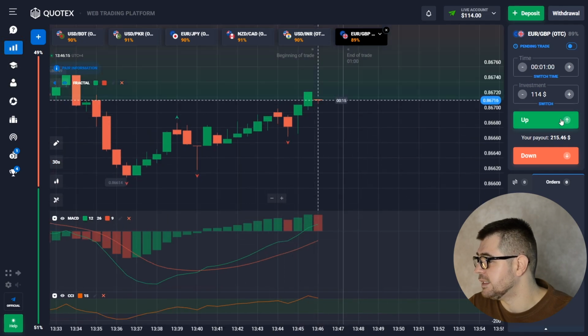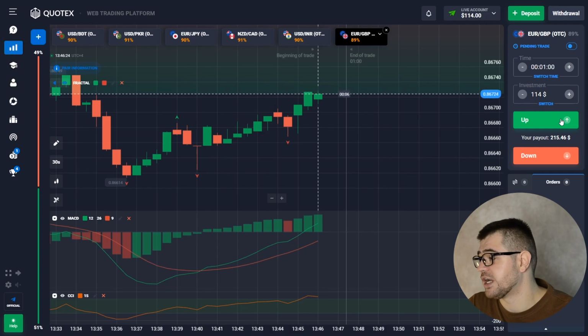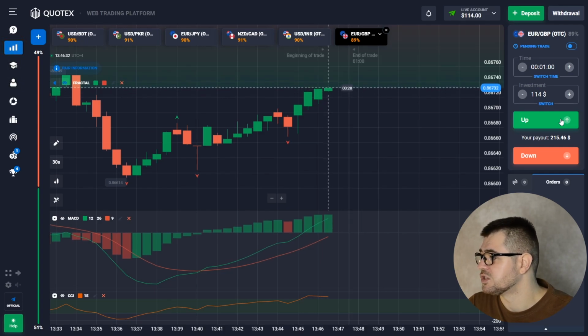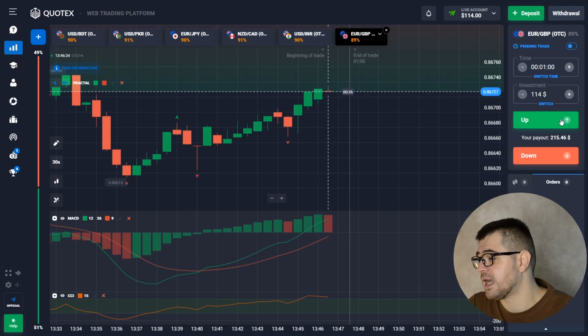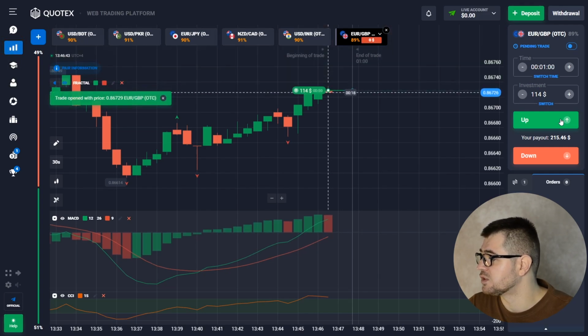How about this? Okay, so this one here I've got to look at the trend. The trend is a bullish trend and we have the MACD, both of them looking up. So I'm going to go ahead and do a call option here for $114, 1 minute, and let's see what turns out of this.